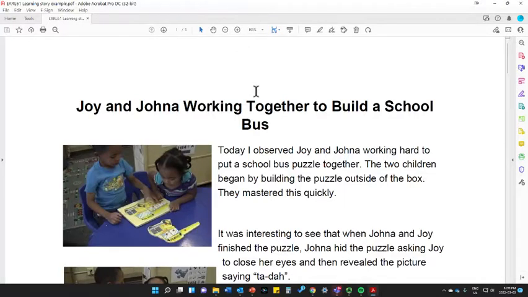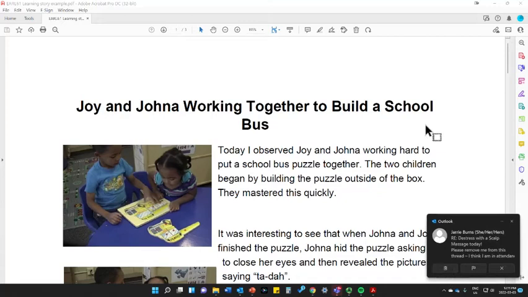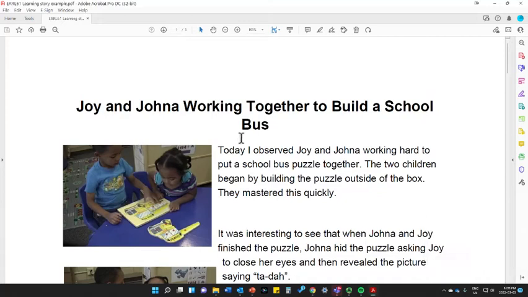But I guess you can figure out different ways to print it off as well from PowerPoint. So there's an example of a learning story that was created using just a Word document.